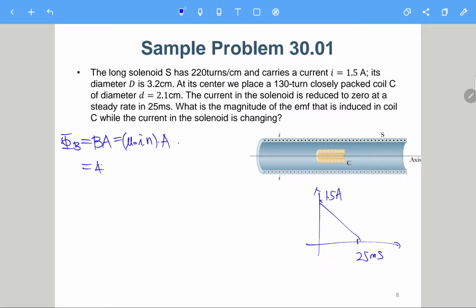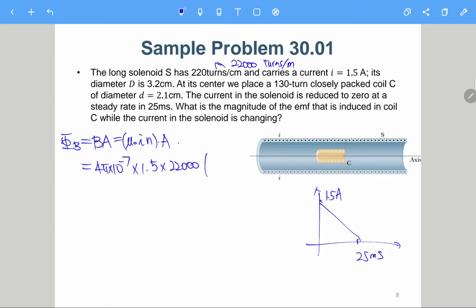So mu 0 is 4 pi times 10 to the minus 7, and then I is 1.5, and then n is 220 per centimeter, but we actually need to change it to 22,000 turns per meter. So we need to multiply by 100.